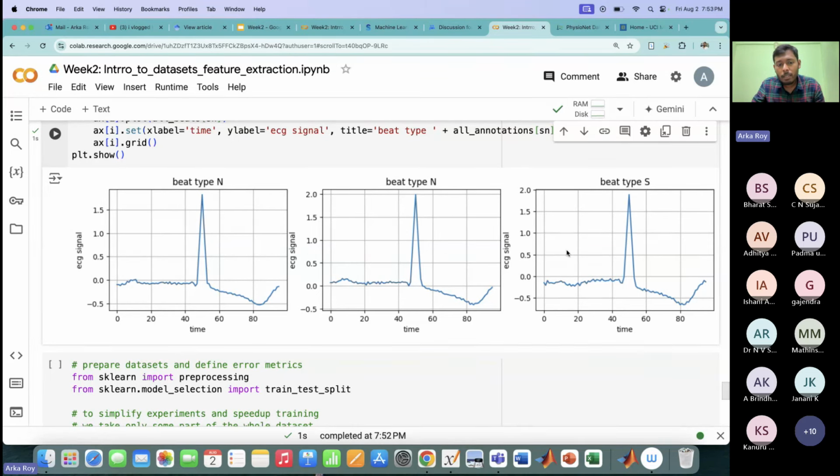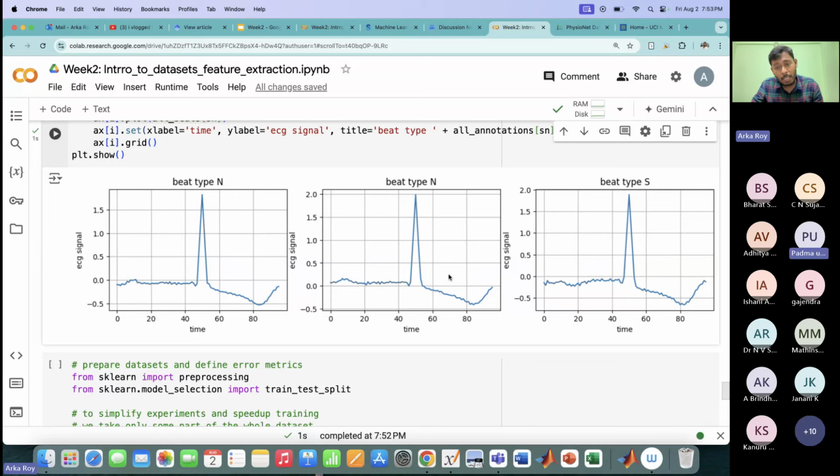They have some sort of similar structures. Yes, sir. So if you extract the features from these signals, they would be almost similar. Not exactly the same, but almost similar.